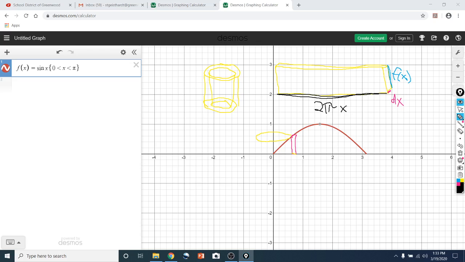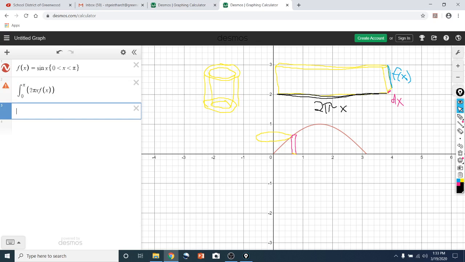All right, so when we put all that together, we will get the integral between 0 and pi of 2 pi x f of x dx.